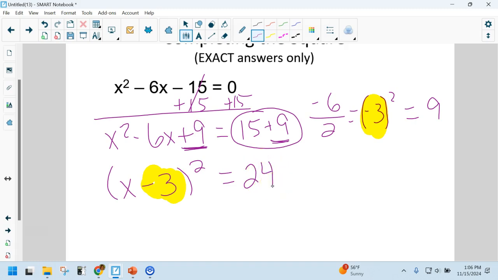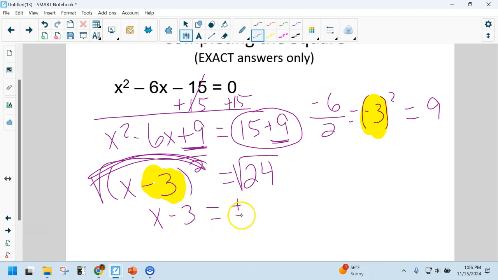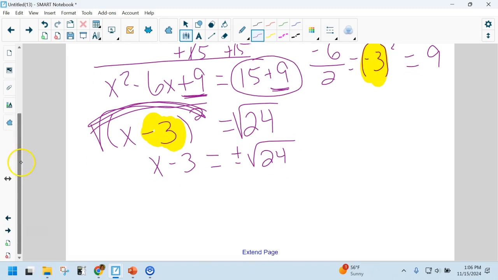And at this point, the process is the same as what we started the hour with. Square root both sides, squares and square roots cancel. Whenever I square root, I put a plus or minus, and then we finish the problem off by simplifying the radical. What goes into 24 would be 4 goes in 6 times, which is 2 root 6.